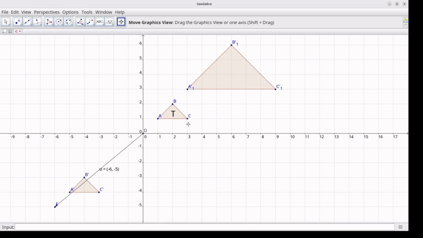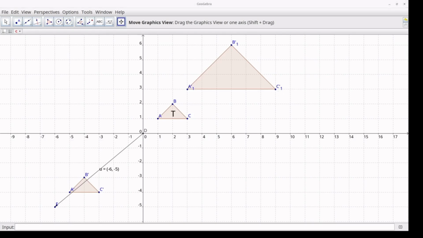For the last one, it was (3, 1) multiplied by 3. It's going to give you (9, 3). Always start from the enlargement center. 1 to 9 across, then 1, 2, 3 up, and that's the resulting image.